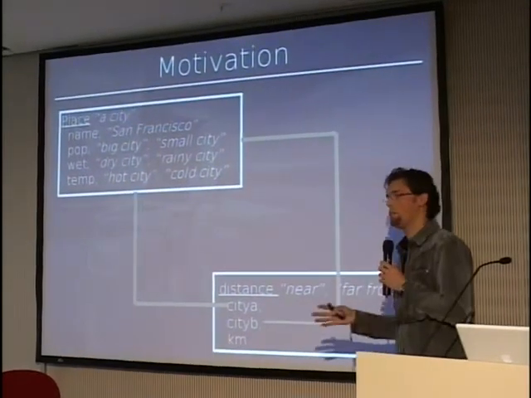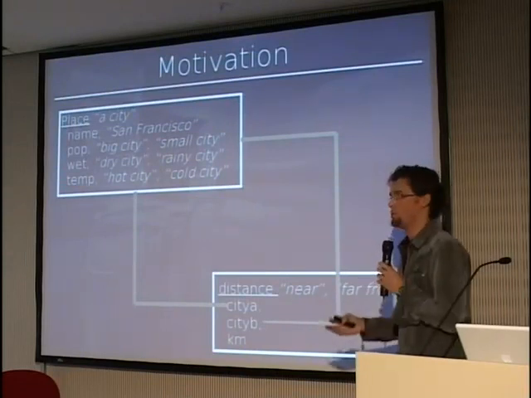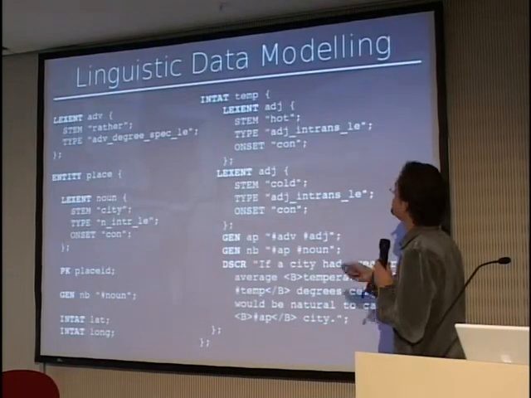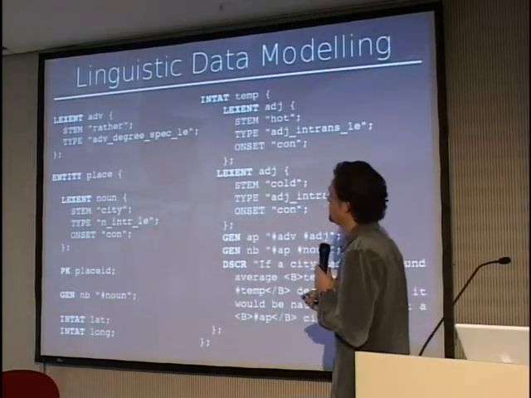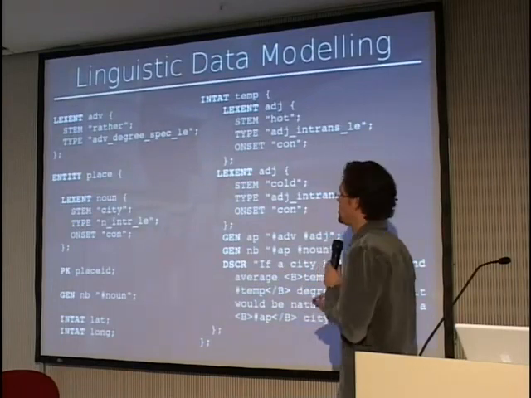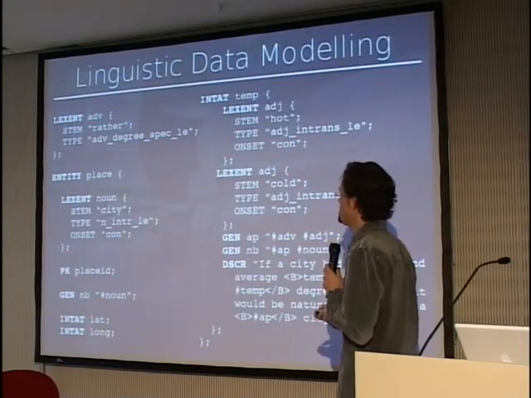So objects in your definition of a data model directly correspond to words and linguistic expressions. And I've come up with a linguistic data modeling language that allows you to actually come up with a data model in that way. So you declare a place here that will directly translate into an SQL table containing data about places.